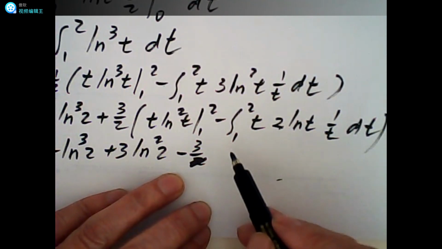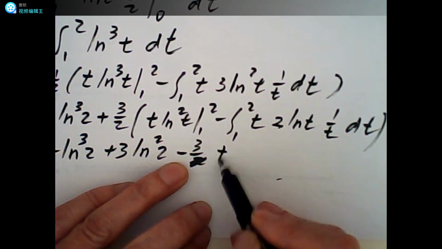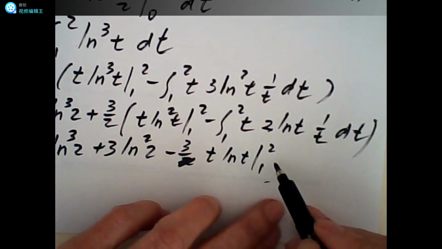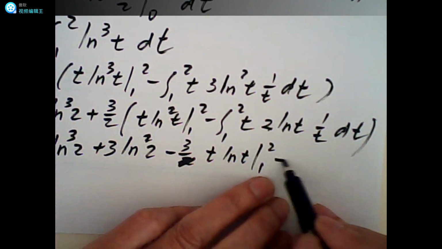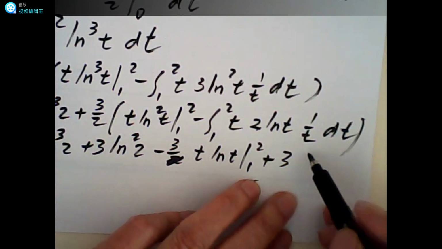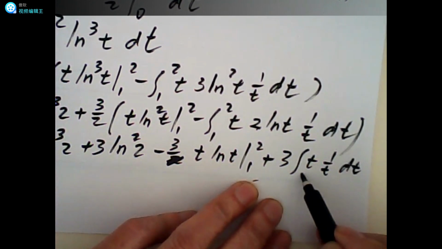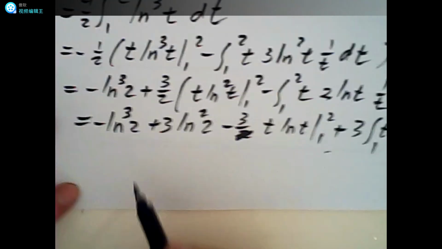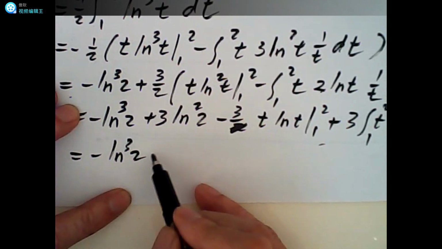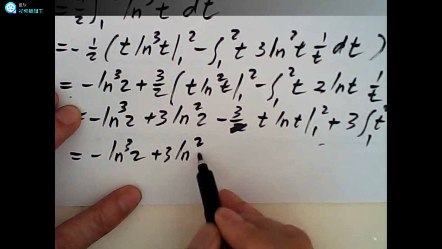And becomes t log t from 1 to 2, and plus 3 times this one again. So this is a t and 1 over t dt, from 1 to 2. So I end up with the negative 3 log cube 2 plus 3 log square 2.